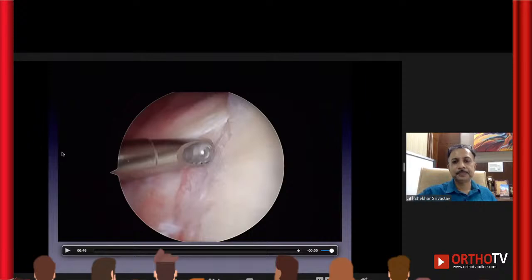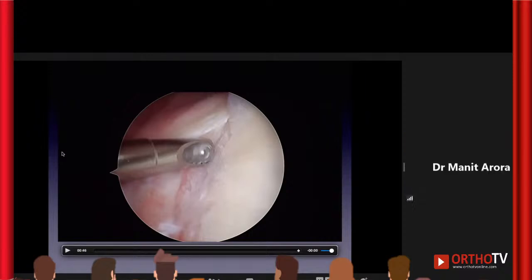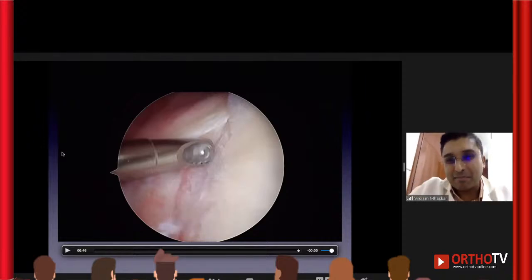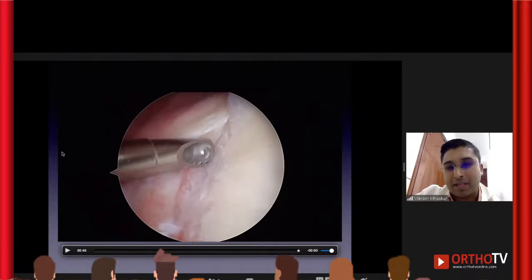Anybody for leaving the SLAP? Or why can't you just fix the SLAP and leave the anterior labrum by freshening it up? Good one. Yeah, absolutely. So, Manit, I was hoping somebody would come up with this, because the MRI findings showed that there was a lesion, and I was tempted to repair it, of course.